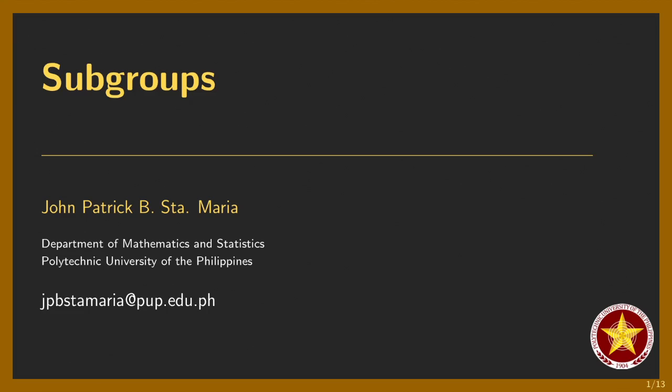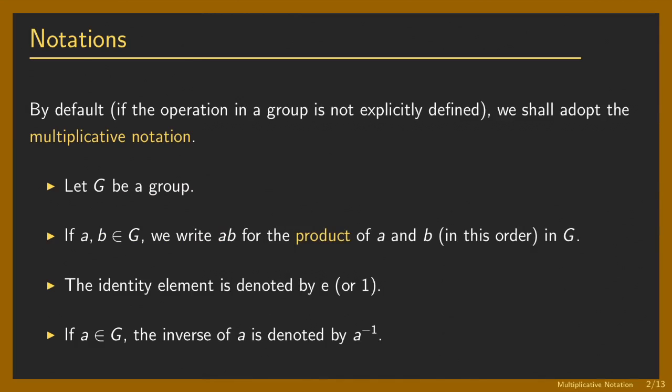Before we formally define what we mean by a subgroup, let me first introduce the multiplicative notation in group theory. In group theory, by default, we adopt the so-called multiplicative notation when the operation is not stated.